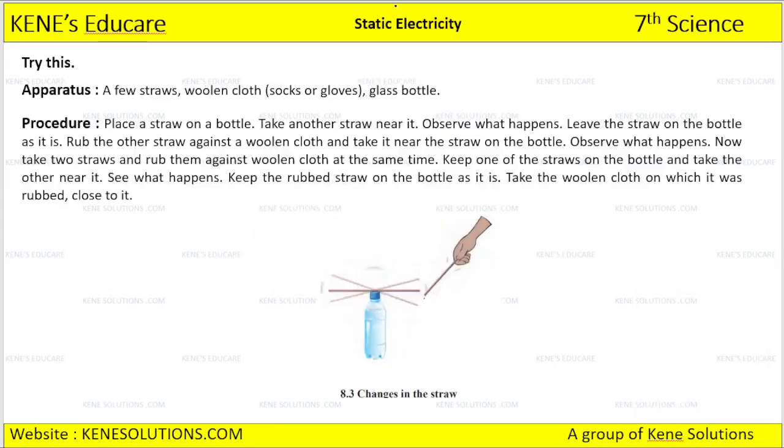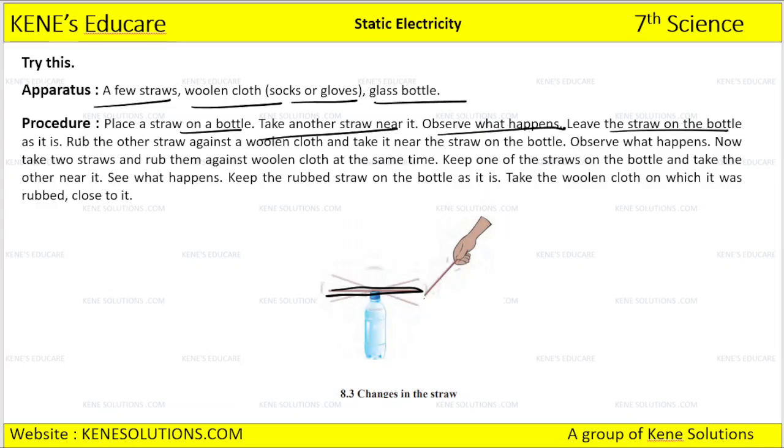Now, again, we are going to try this activity. Try this: a few straws, woolen cloth, or you can consider socks or gloves, glass bottle. Place a straw on a bottle. Bottle पे हमें क्या करना है? We simply have to put a straw. Okay. Take another straw near it. Observe what happened. Leave the straw on the bottle as it is.